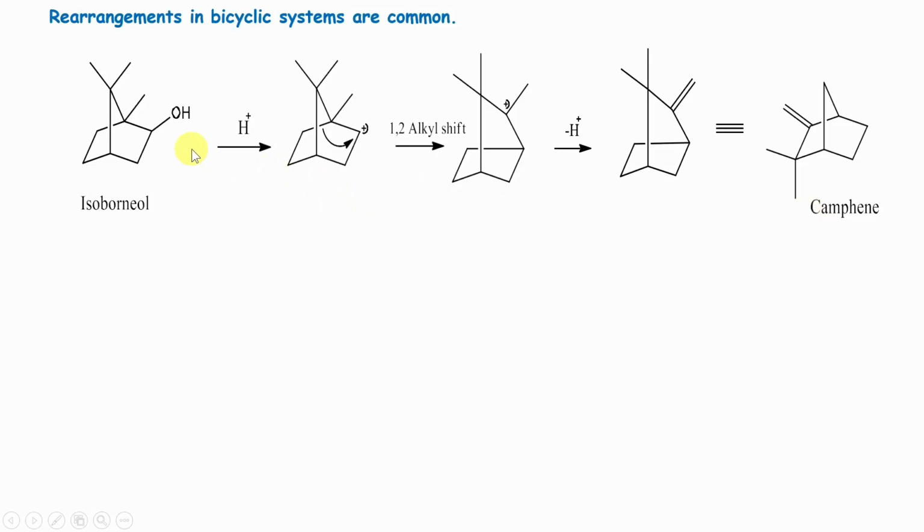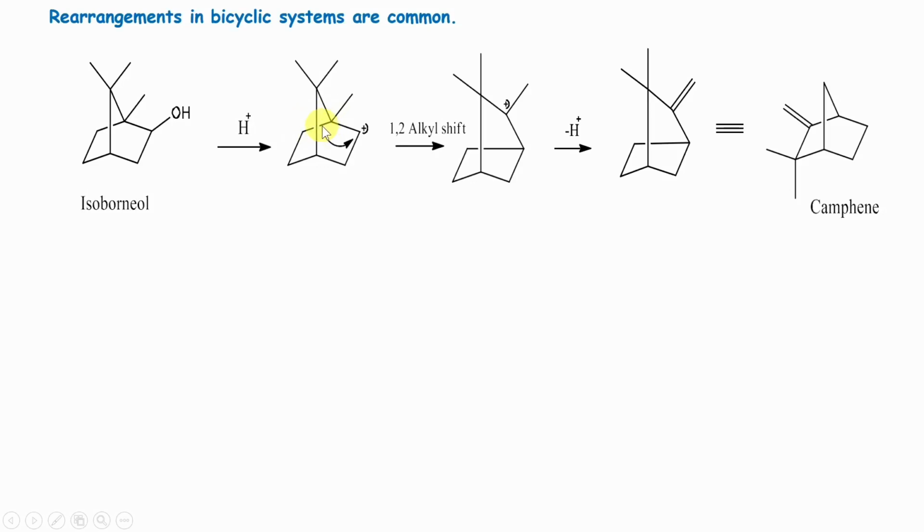Isoborneol, on treating with acid, as we explained, has a proton captured by this OH group, and water is eliminated to form this carbocation. It is a secondary carbocation. Thereby a 1,2 alkyl shift takes place.